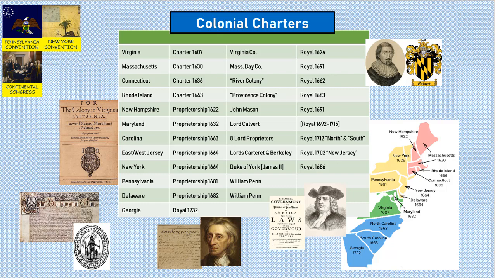The final change, then, that these charters go through is they become gradually royalized over the end of the 17th century and especially in the first quarter of the 18th century. The model of this happens right away with Virginia. King James was content to have these private adventurers go out and lose their shirts or make some money if they could.